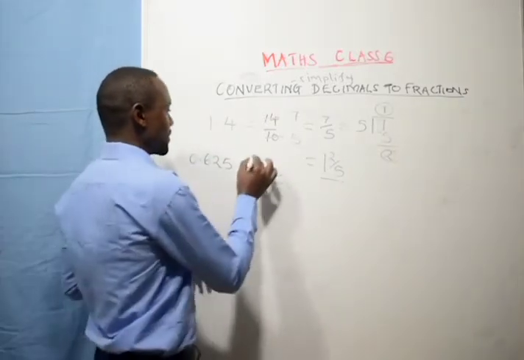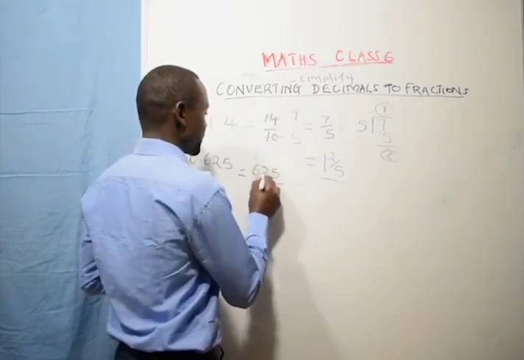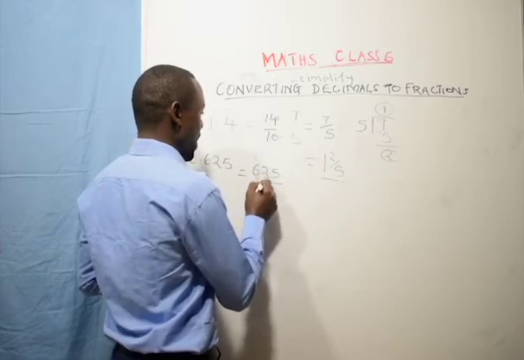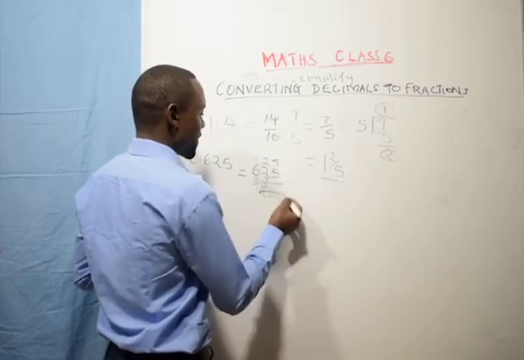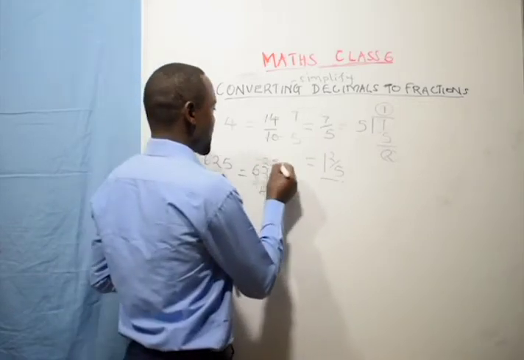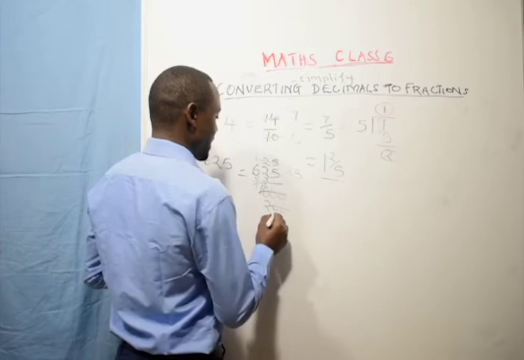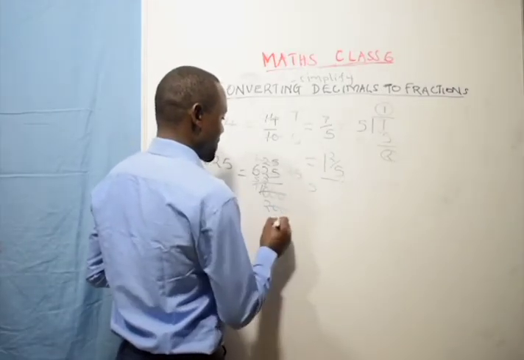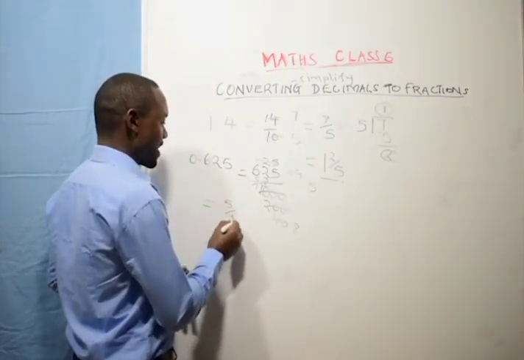By 5, 625 divided by 5 is 125, and 1,000 divided by 5 is 200. From there we simplify by 5. By 5 this is 25. By 5 this is 40. By 5, 5. By 5, 8. So you get 0.625 as 5 over 8.